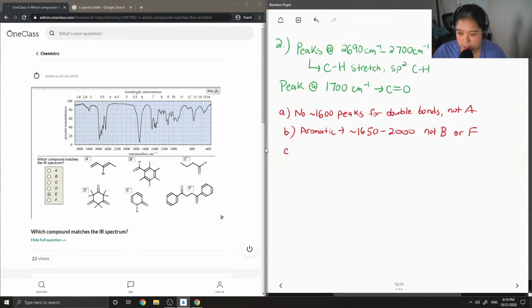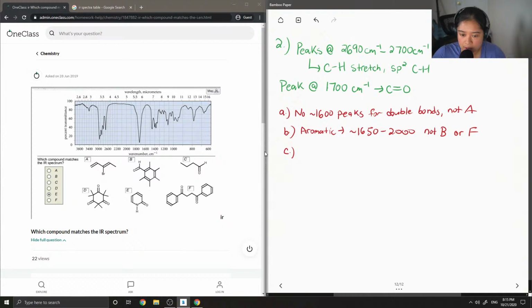So looking at C, you'll see that there are alkanes, and they also have sp2 hybridized carbon hydrogen stretch, which is what we're looking for, and it also has the characteristic carbonyl peak at 1,700.